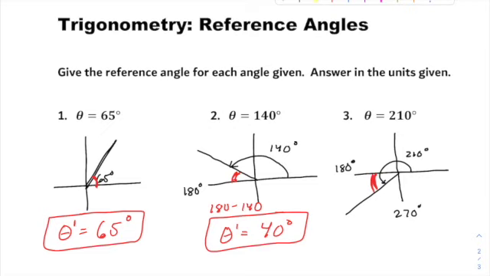How many degrees away are you from the x-axis? We're 30 degrees away. So in this case, we're doing 210 minus 180, just to see how far past 180 we've gone, essentially. So if you're in quadrant 2, 180 minus the angle. If you're in quadrant 3, the angle minus 180.